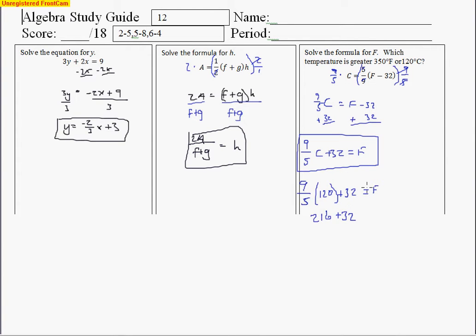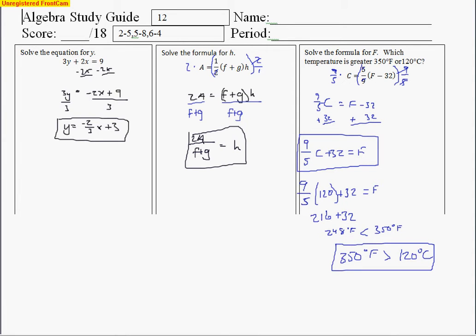And from that point, I can go ahead and add those two numbers together, and that's going to leave me with 248. So 248 degrees Fahrenheit, which is less than 350 degrees Fahrenheit. So I'll say that 350 degrees Fahrenheit is greater than 120 degrees Celsius. That would be my solution.